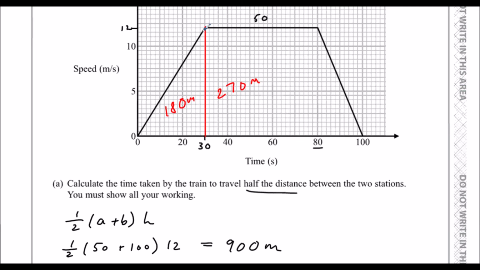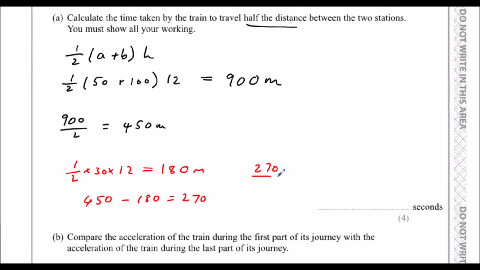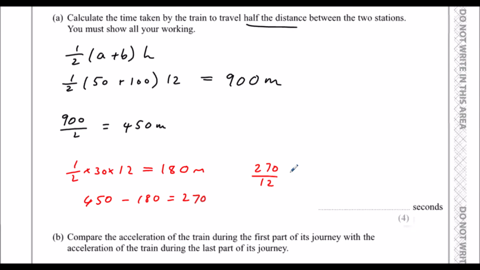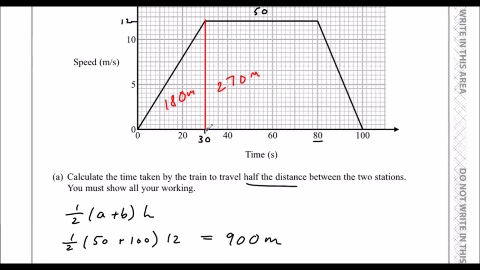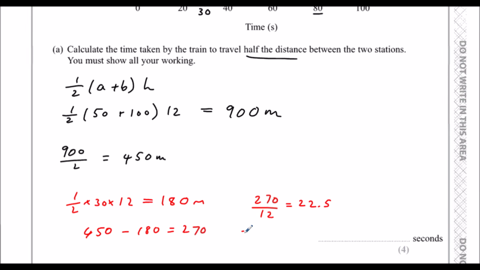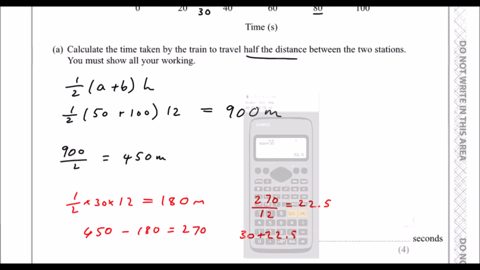It's going to have a height of 12. So 12 times which number gives us 270? 270 over 12 is 22.5. So 30 to 22.5 is 52.5.